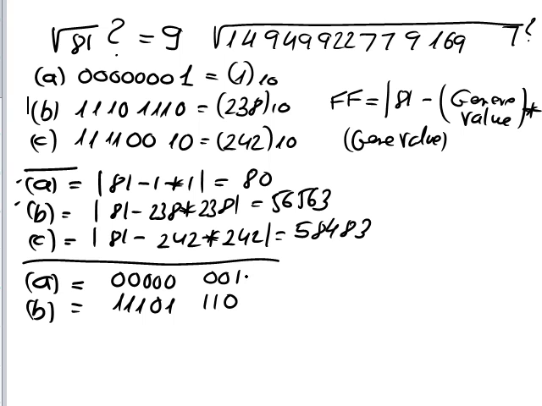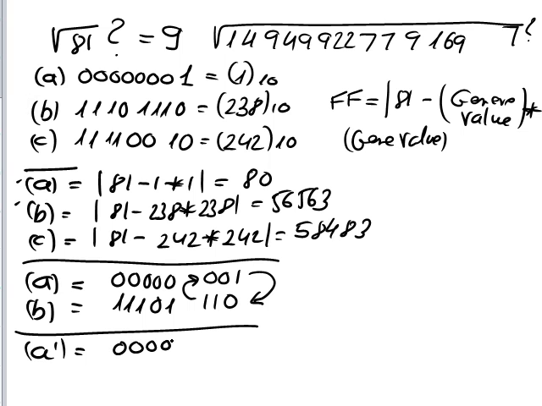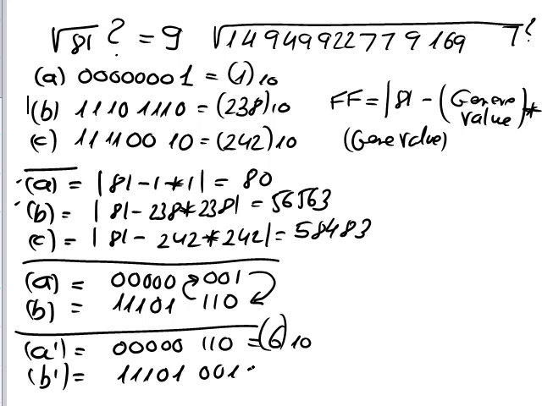We exchange the tails. This goes here, and this goes here, and we get a new answer, A prime equal 00000110, which is 6 in the decimal notation, and B prime, which is equal 11101001, which is 233 in the decimal notation.